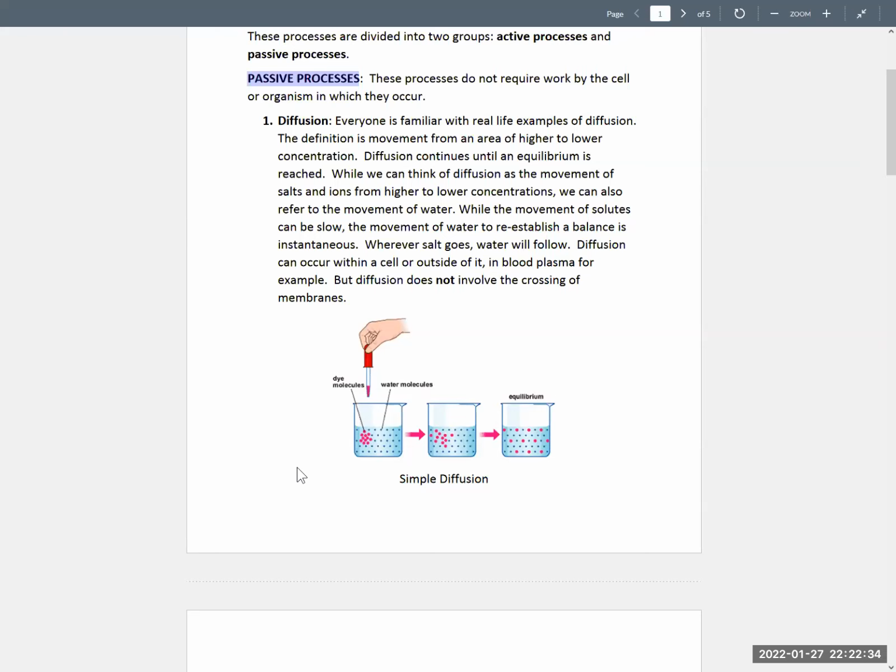Higher concentration leads to lower concentration, so the water moves in. They're both going to be moving, not just the solvent, but the solid as well, until they reach the 3rd beaker, where it's trying to show you that an equilibrium has been reached. There's an equal amount of water and dye spread throughout. This is a simple process that happens in all of your cells, all parts of your body. Requires no work.